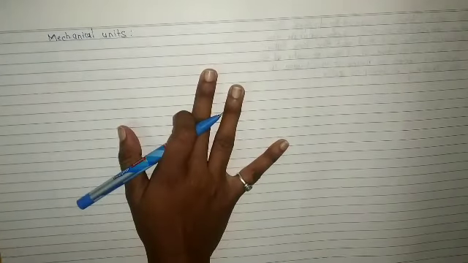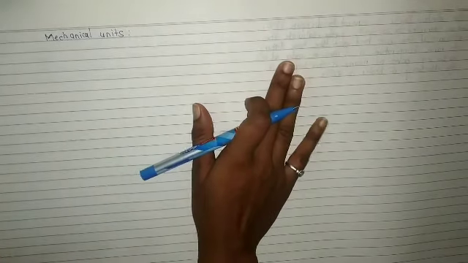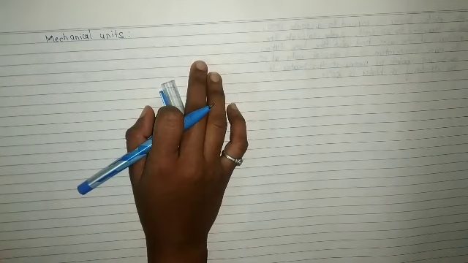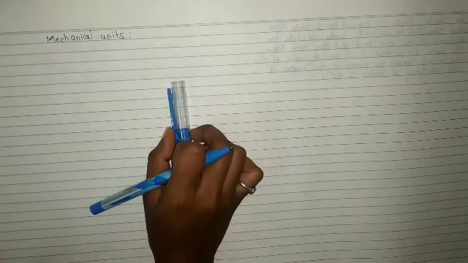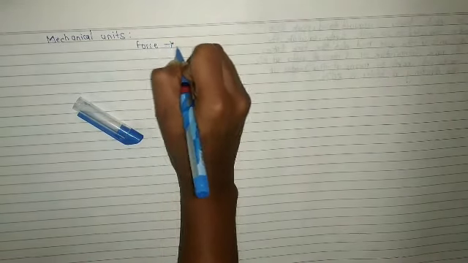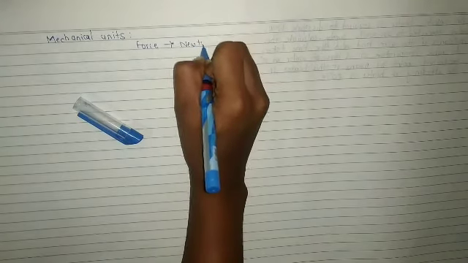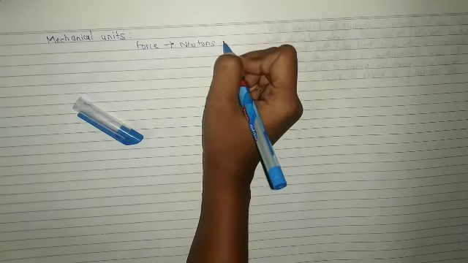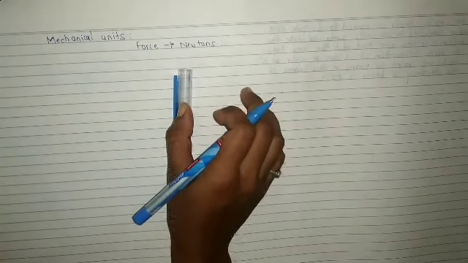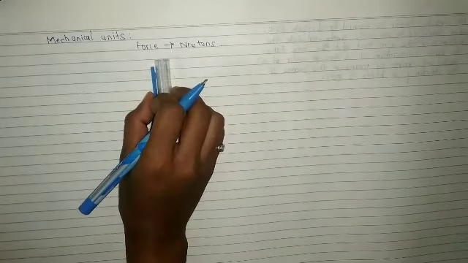So we have seen what is work done, what is force, and what happens when the force acts on the body. Force is measured in Newtons. When the force acts on a body and it moves through a distance, consider this is our body.